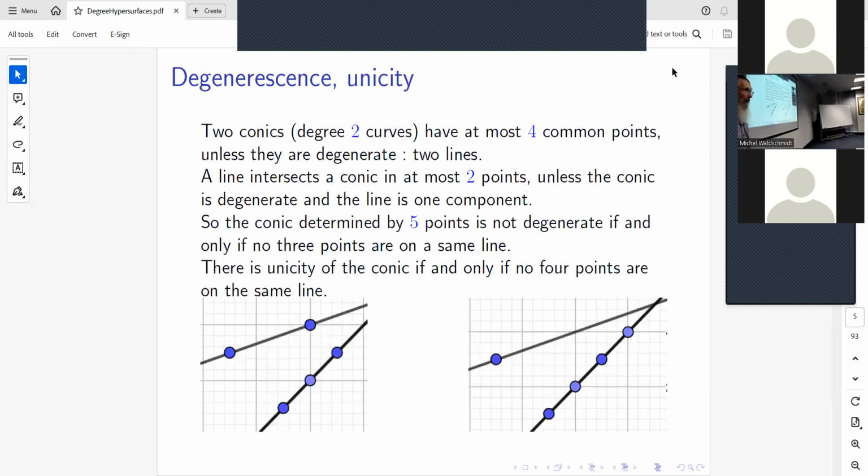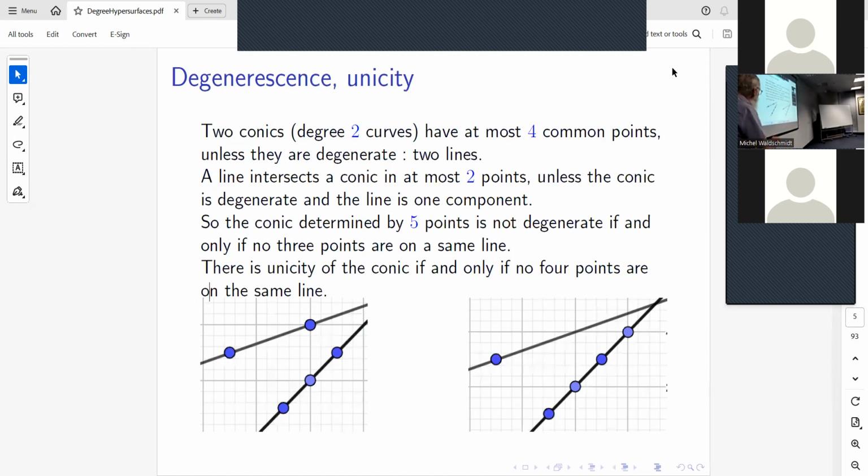Now, I will look especially at the theorem of Pascal when you have 5 points. With 5 points you have a conic, and you can ask, is this conic unique? And also, is this conic degenerate? The degenerate conic is just the union of 2 lines. You have 2 linear factors, and so 2 lines are considered as a degenerate conic.